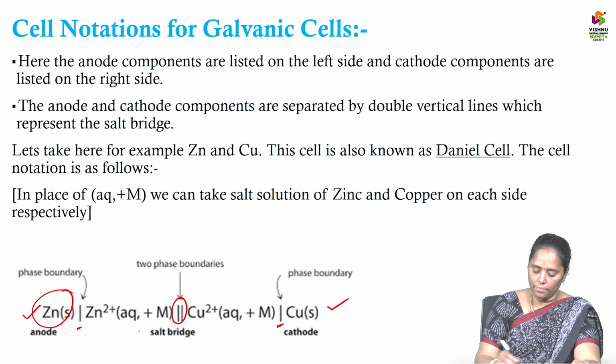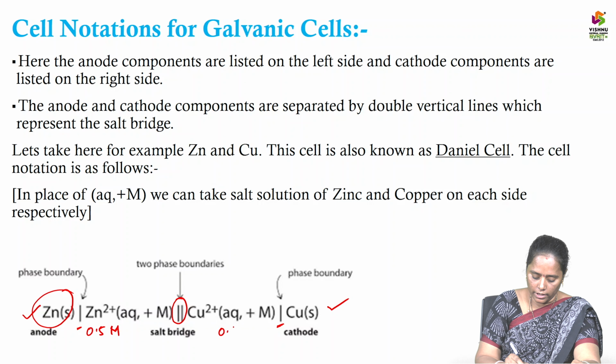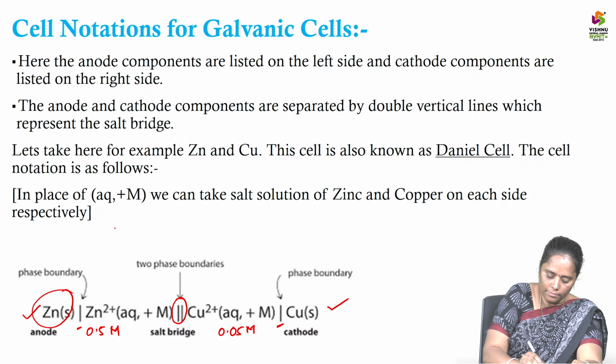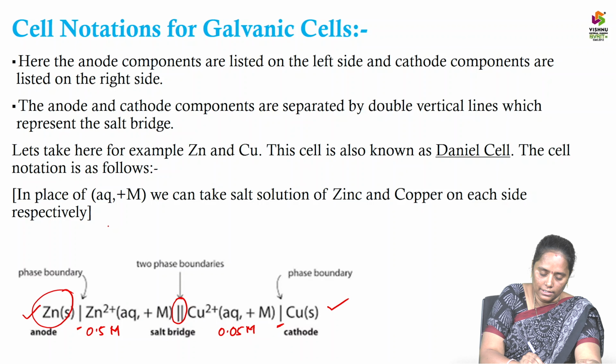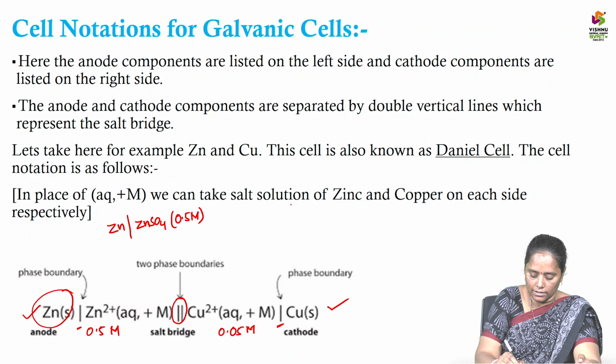For example, you have taken 0.5 molar zinc sulfate solution and 0.05 molar copper sulfate solution. Now how to represent it? Towards the left hand side, you should have the anodic metal and its electrolyte with its concentration. Towards the right hand side, you need to have the cathodic electrolyte and its concentration.